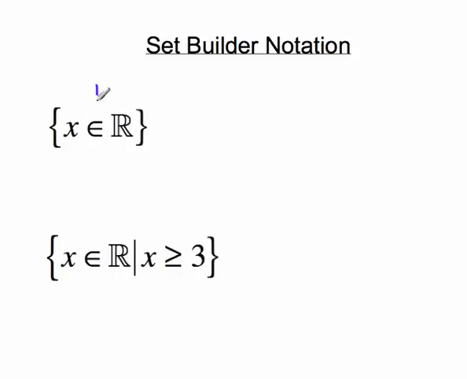This little E sign stands for element, and all this means is x is an element of, or x belongs to the set of, and the R means the real numbers. The real numbers are all the numbers that we are used to working with up to this point. So basically this is saying x belongs to the set of all the numbers we're used to working with. In other words, x could be anything.